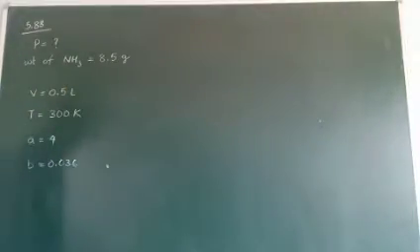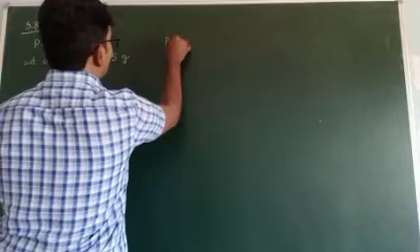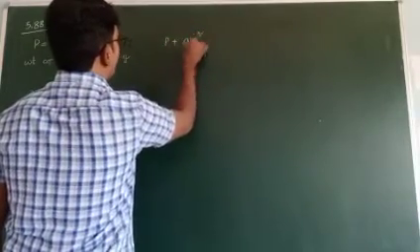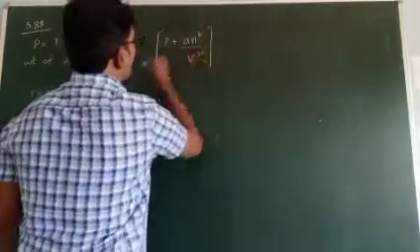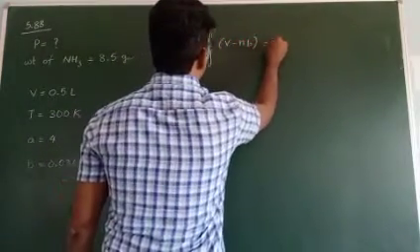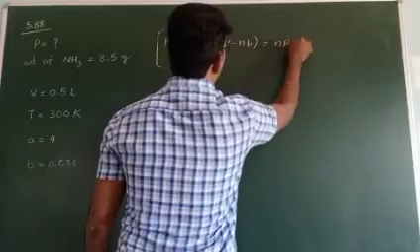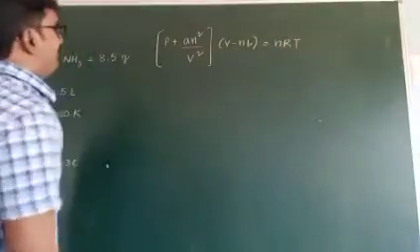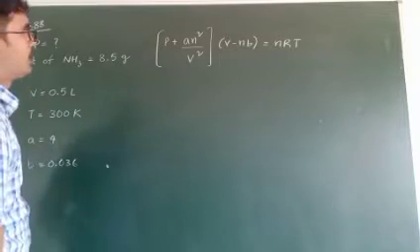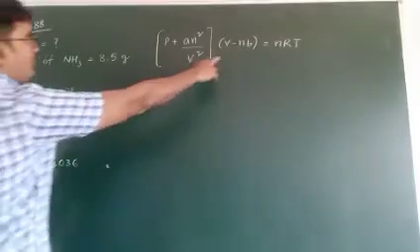What is the van der Waals equation? P plus an square by V square, into V minus nb, is equal to nRT. Now we don't know the n value.